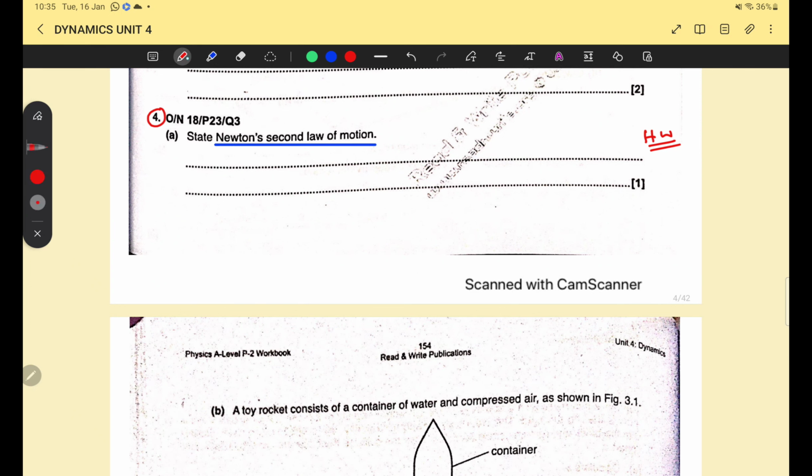Whenever they ask to state the second law of motion, then you should write the relation between force and momentum. What is the relation between force and momentum? The rate of change of momentum is force.